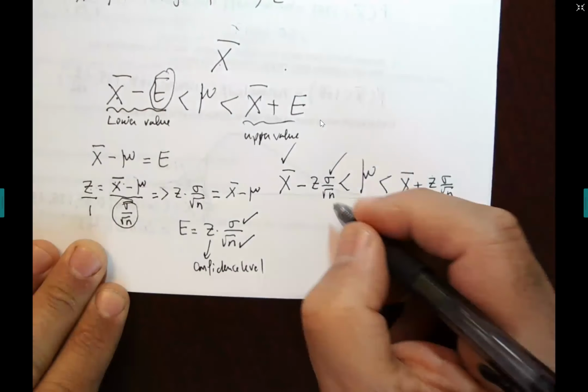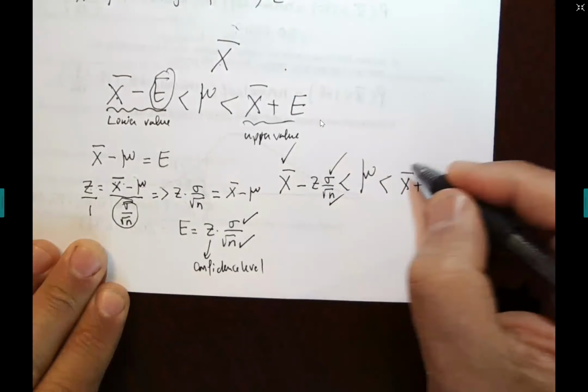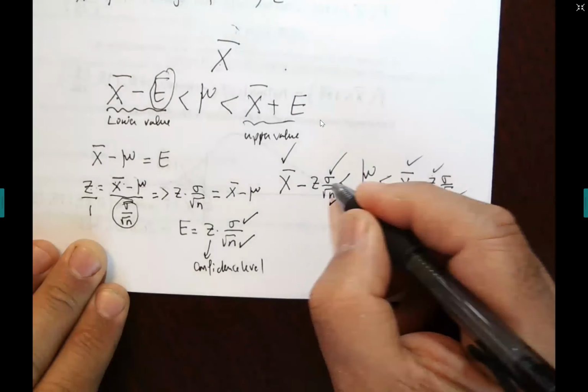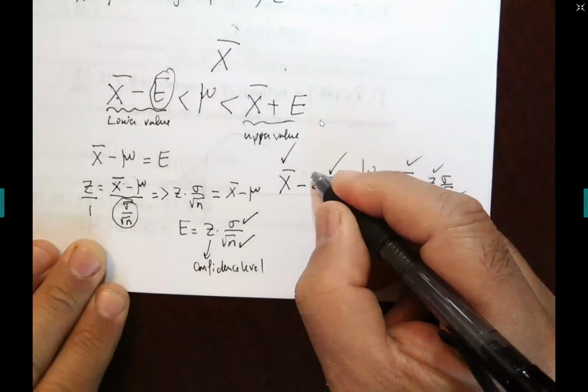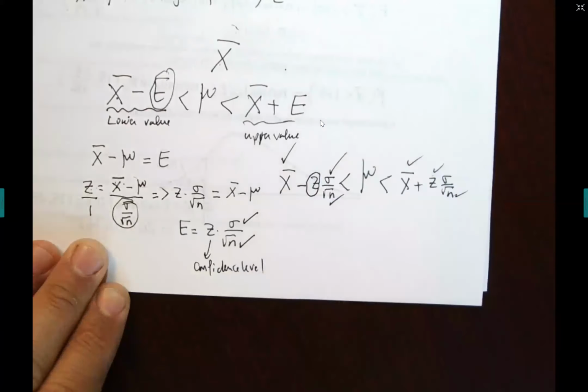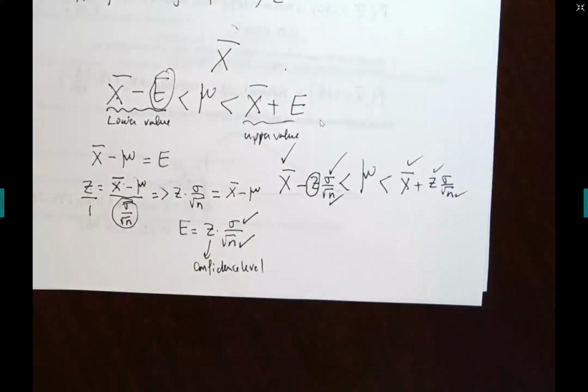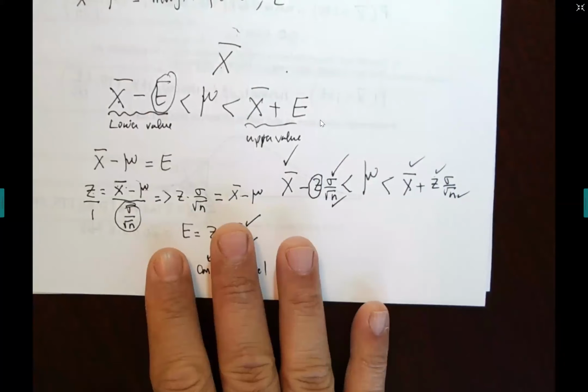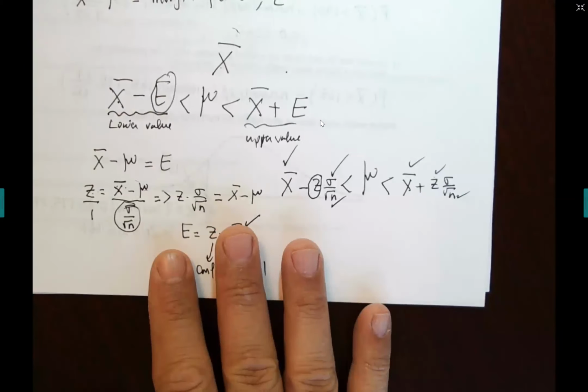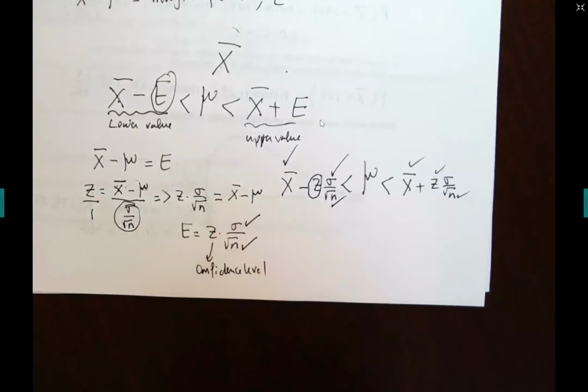And N is given. So the only thing is to show you how to find Z. So let me now show you how to find Z based on the confidence level, and then I'll go back to the handout and show you how to construct the interval, both by hand at first and then by using the calculator.